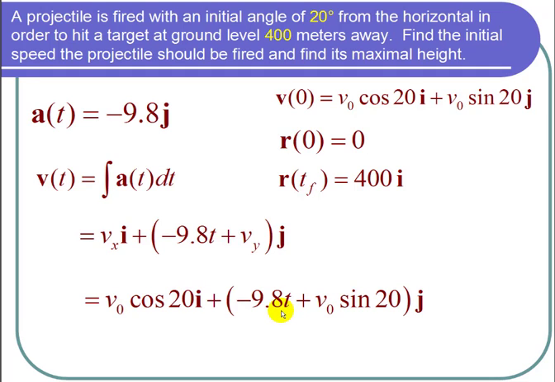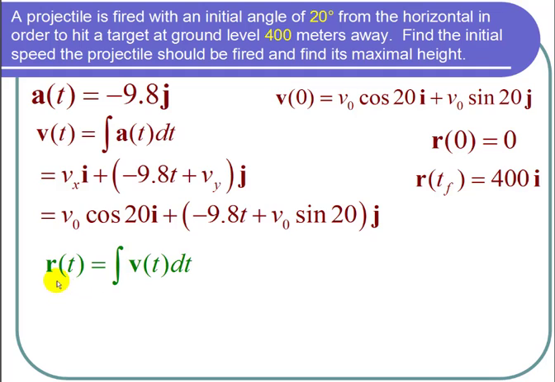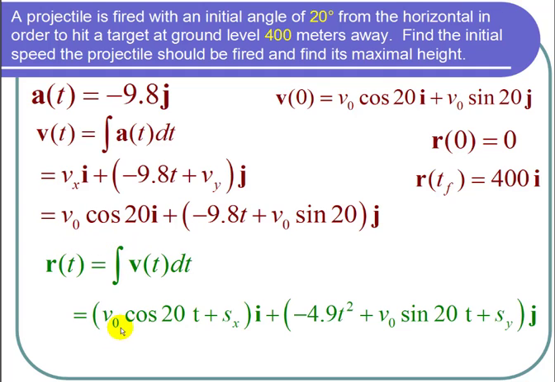If I want my position function, I can integrate again. So the position function r of t is the integral of v of t dt. The integral of v naught cosine of 20 is just v naught cosine of 20t plus a constant, and the integral of negative 9.8t plus v naught sine of 20 is negative 4.9t squared plus v naught sine of 20t plus some constant.